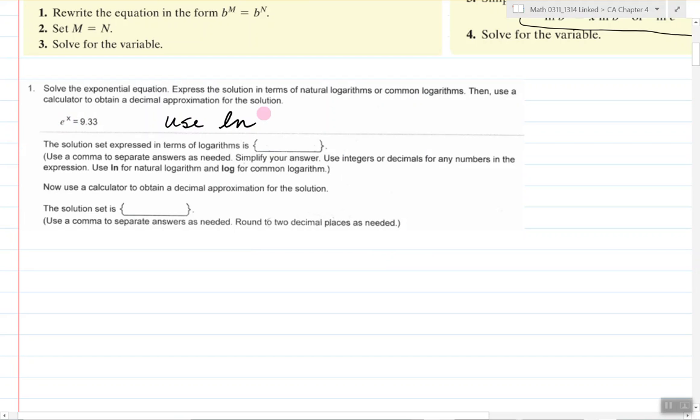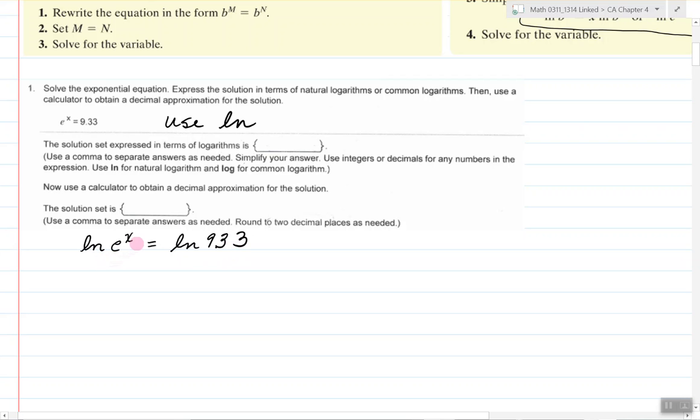The base with its power is already isolated. So what I'm going to do is take the natural log of both sides: the natural log of e to the x is equal to the natural log of 9.33.